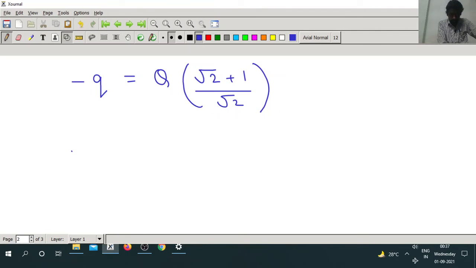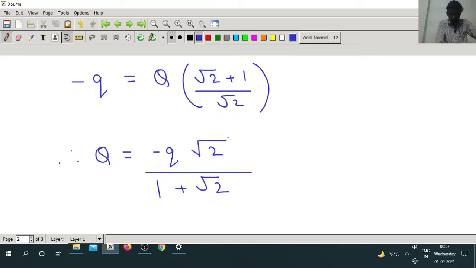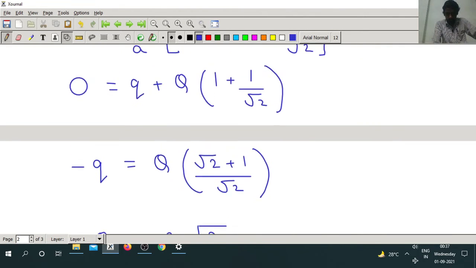And therefore capital Q will be equal to minus q into under root 2 over 1 plus under root 2. So this is our answer, and let us see.